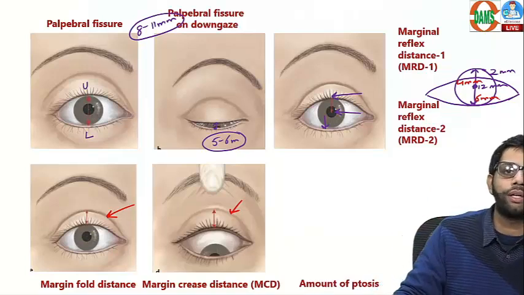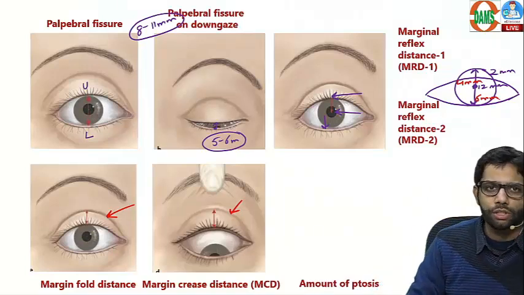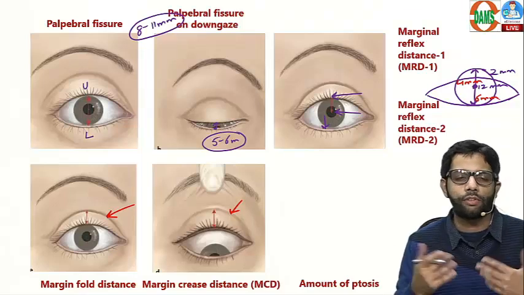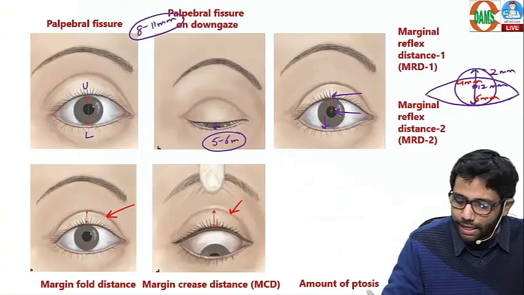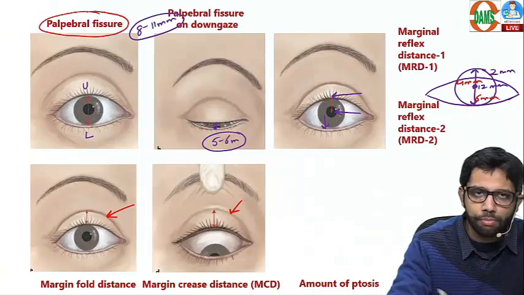Now from here you have to calculate the amount of ptosis. How much is the ptosis as compared to the other eye, or if it is bilateral ptosis, how much it is ptosis as compared to the normal eye. So this can be found out from the simple palpebral fissure.